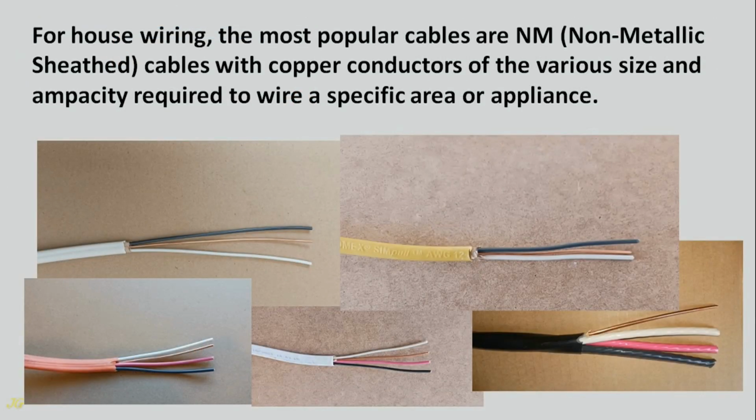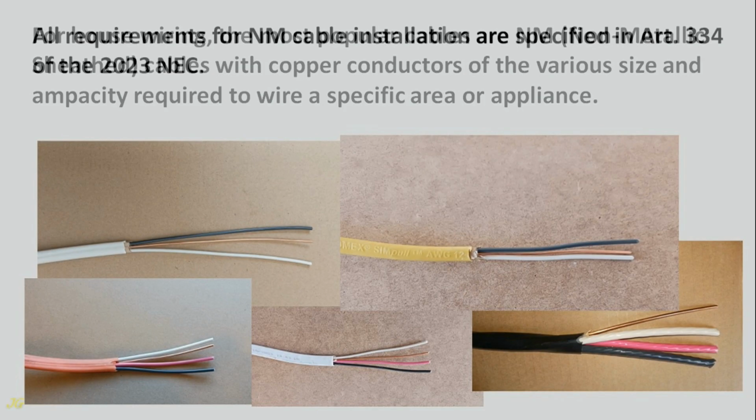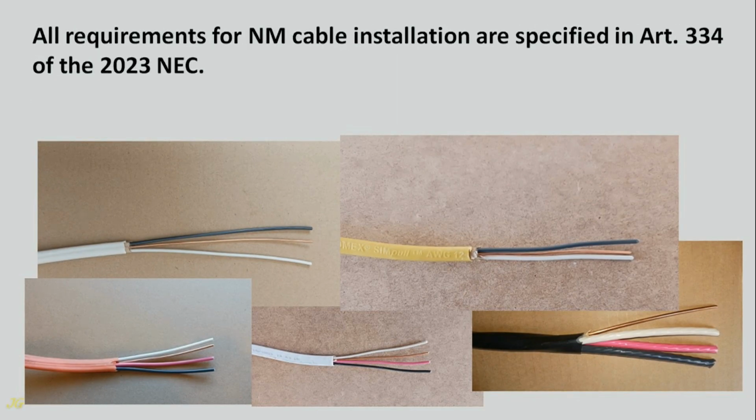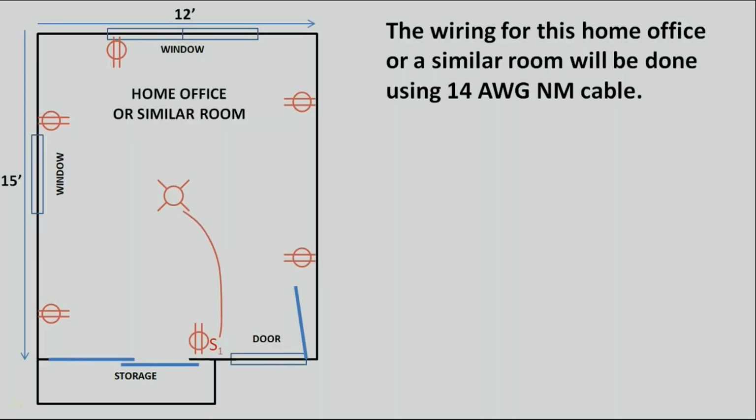For house wiring, the most popular cables are NM, non-metallic sheathed cables with copper conductors of the various size and ampacity required to wire a specific area or appliance. All requirements for NM cable installation are specified in Article 334 of the 2023 NEC. The wiring for this home office or a similar room will be done using 14-gauge NM cable.